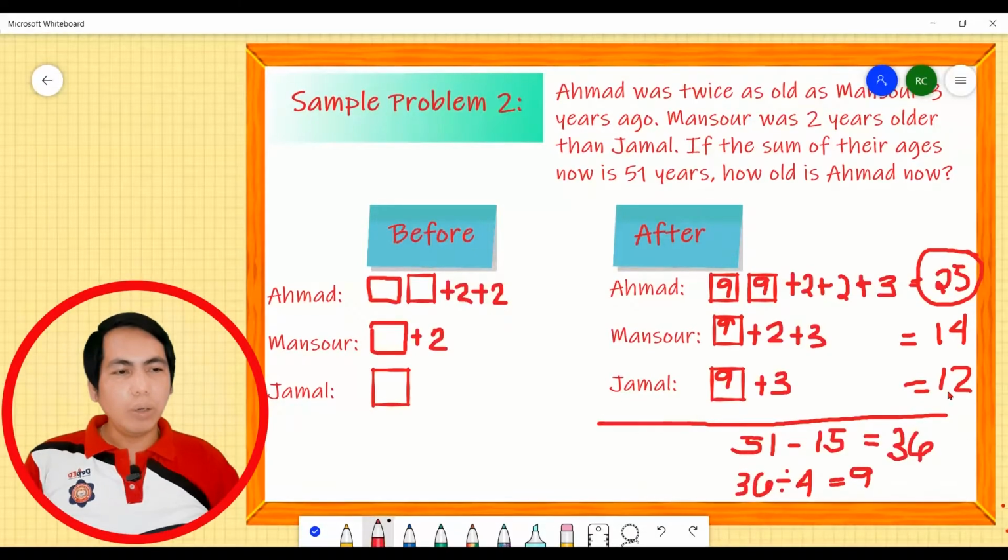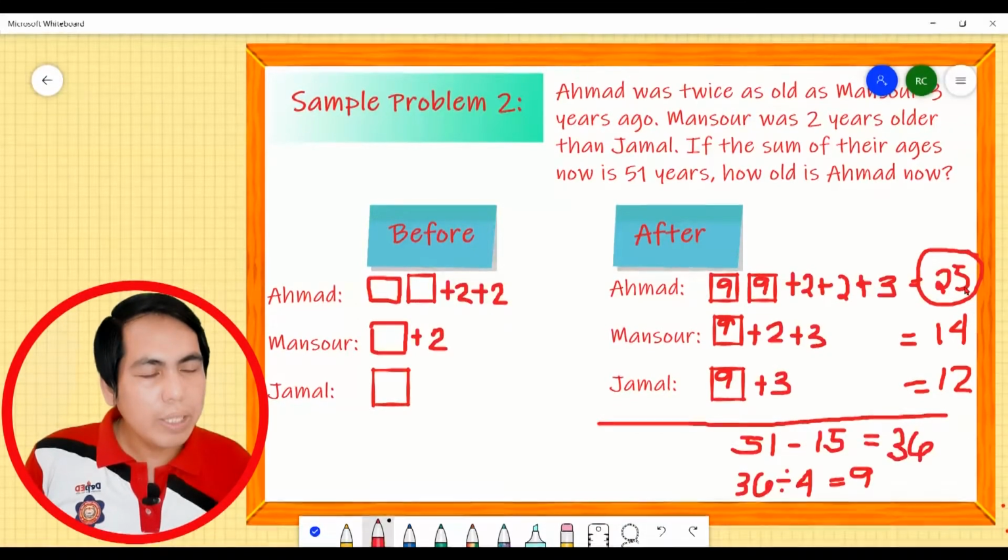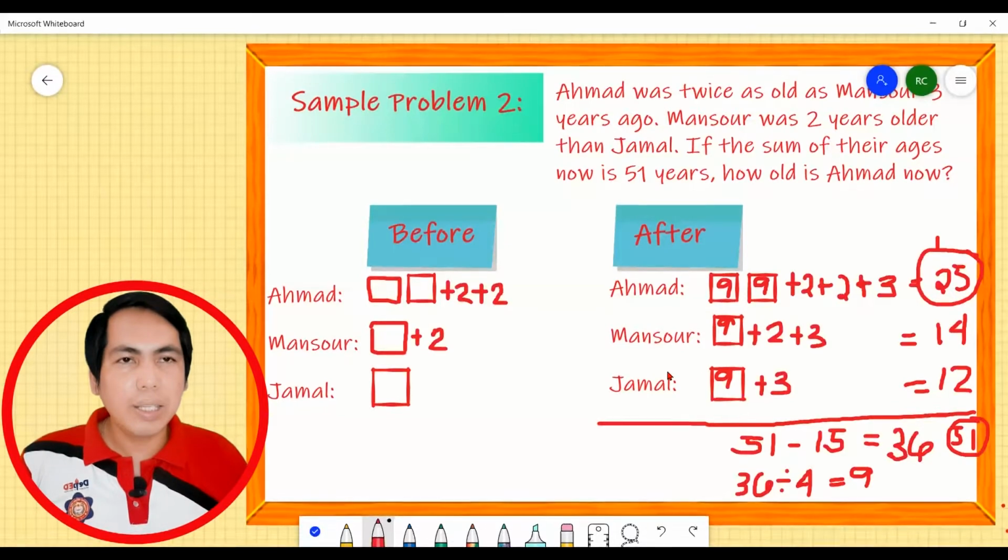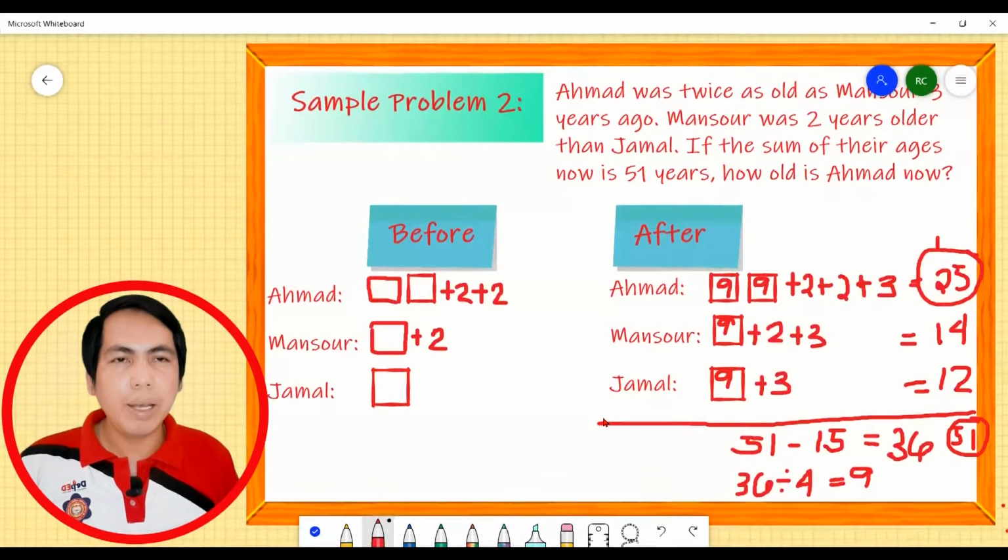For a total of 2 plus 4 is 6 plus 5 is 11, regroup 1, 3, 4, 5. So you have 51 years as the sum of the ages of the 3 persons. So our answer is correct, that Ahmad is 25 years old.